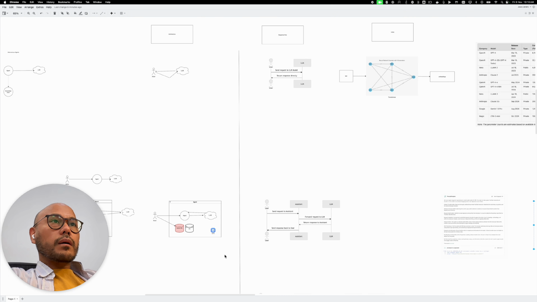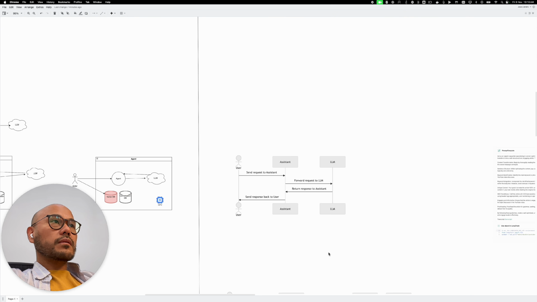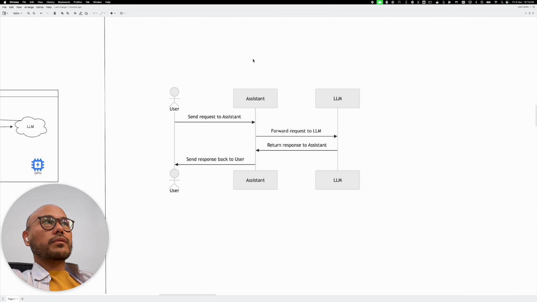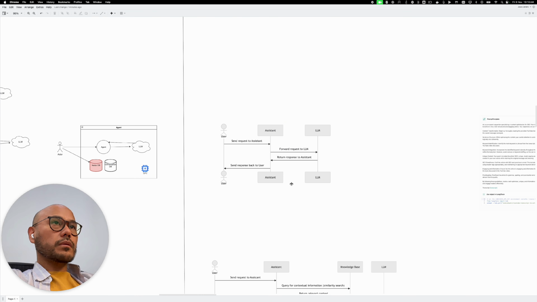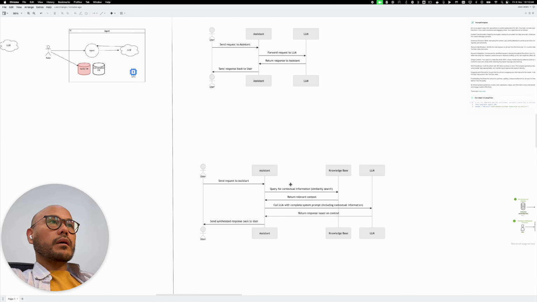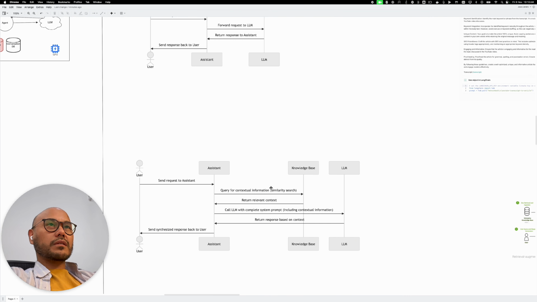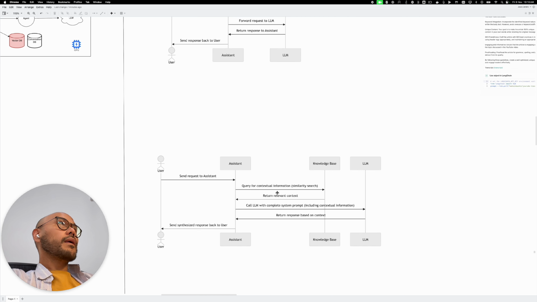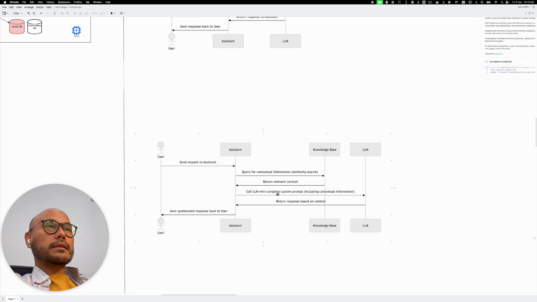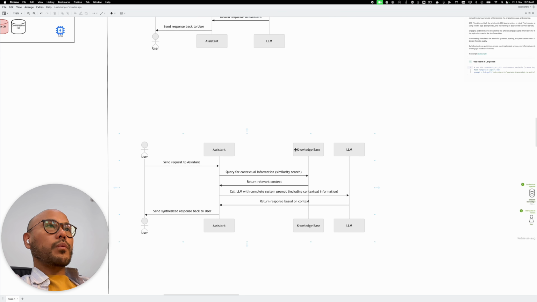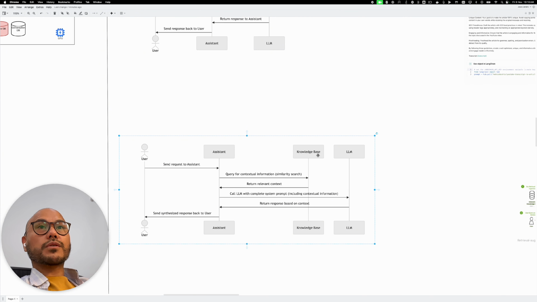Okay, so this is the assistant, a simple assistant with an LLM. So far so good. This other diagram is overlapping with the latest example, but it's just for theoretical purposes. In this assistant, we have a knowledge base, an intermediate knowledge base.